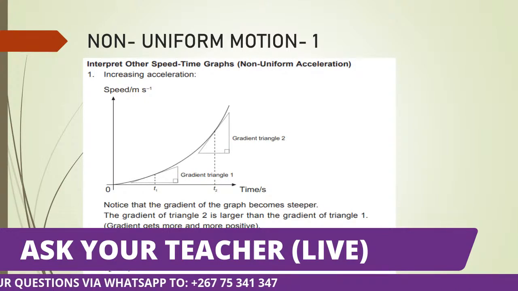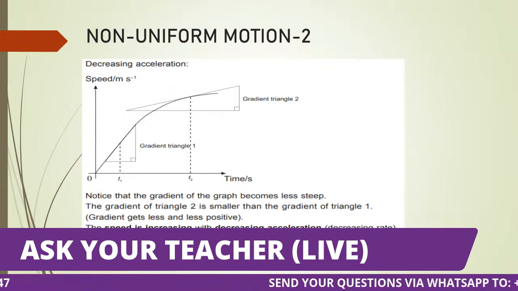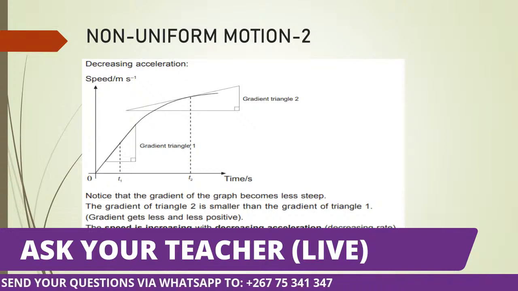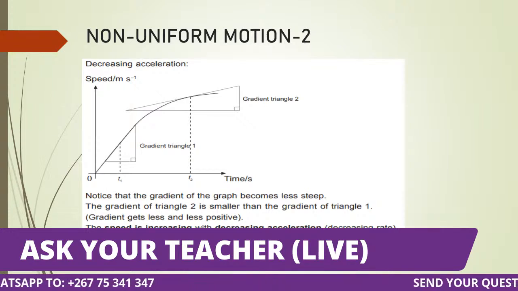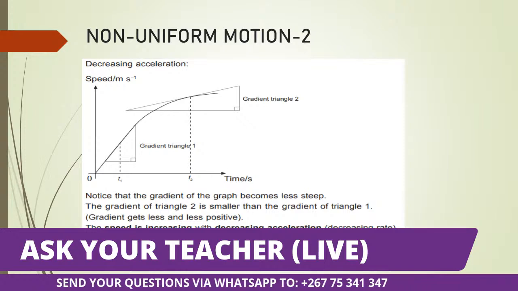We look at decreasing acceleration. For decreasing acceleration, our graph or our curve is going to slope downwards, as shown on the graph there. And we are recording this as a decreasing acceleration. You will also be required to calculate the acceleration following the same procedure that we have done for increasing acceleration.